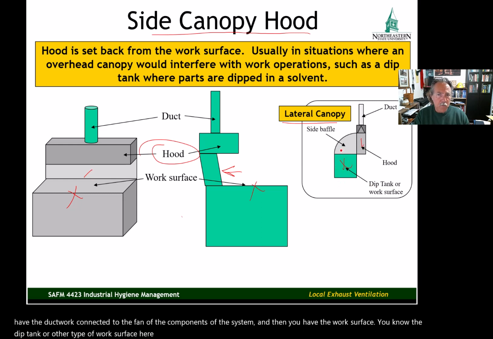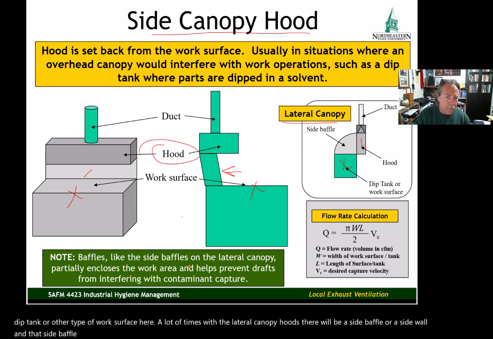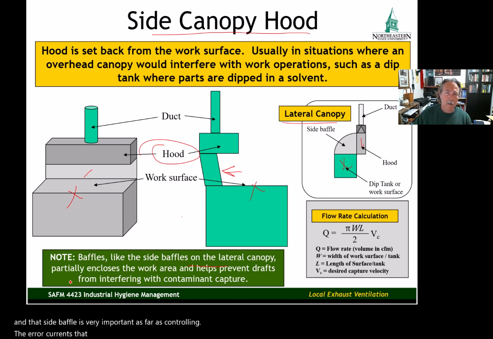A lot of times with the lateral canopy hoods, there will be a side baffle or a side wall, and that side baffle is very important as far as controlling the air currents that could disrupt the system's ability to capture the contaminants.